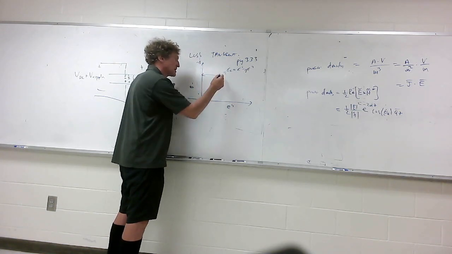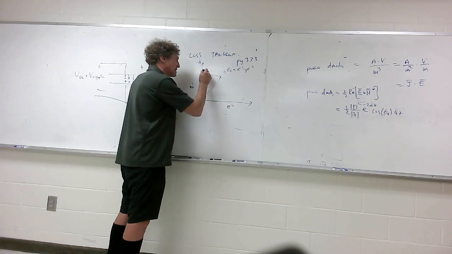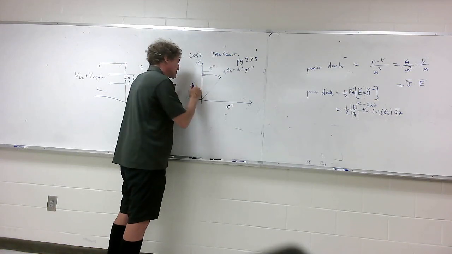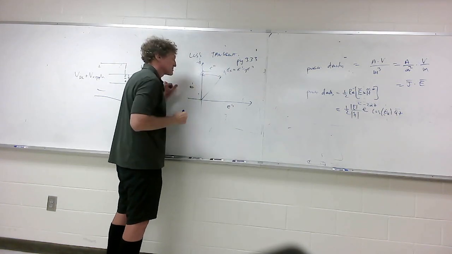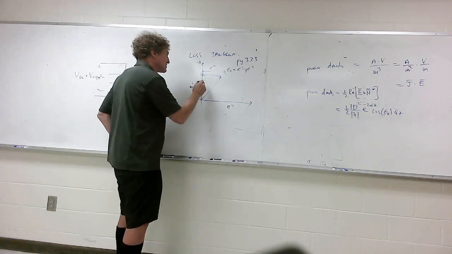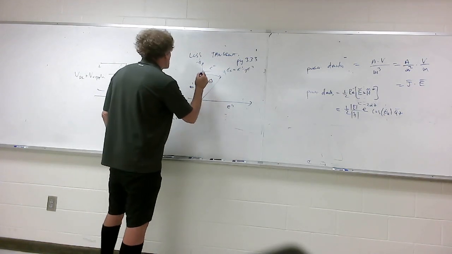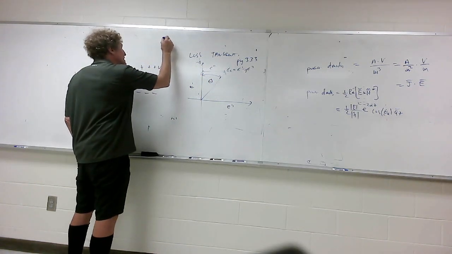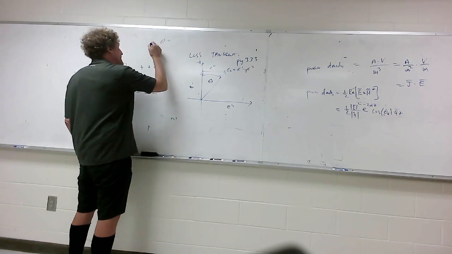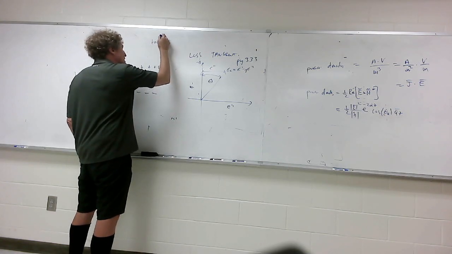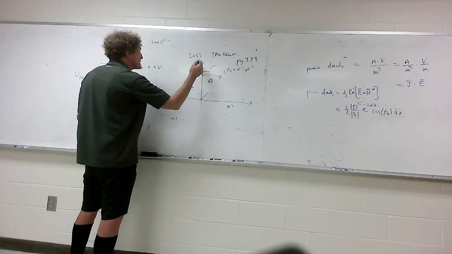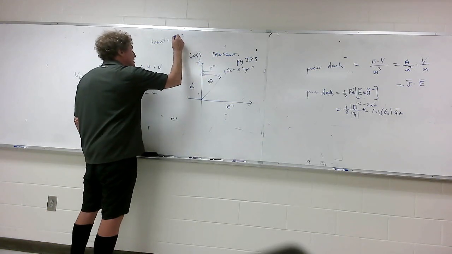Now, if you think about this, from here to here, that's epsilon double prime. From here to here, that's epsilon prime. And this angle right here, just write this down, the tangent of that angle is really equal to epsilon double prime over epsilon prime.